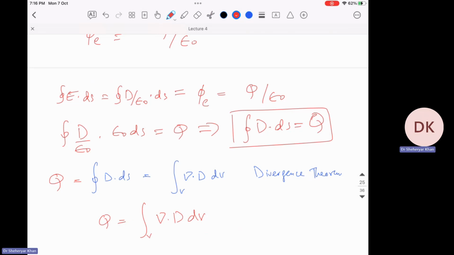Please take some time to understand. So Q is equal to this one, which we already know, and this is the divergence theorem. That means that this and this are also equal. Okay. Can you tell me what this means now?